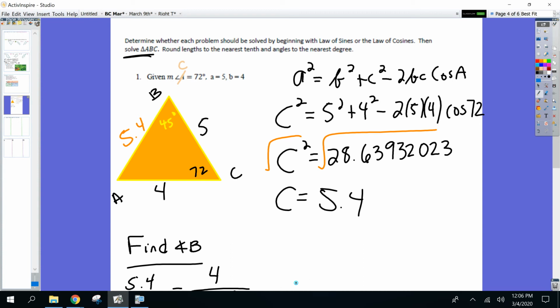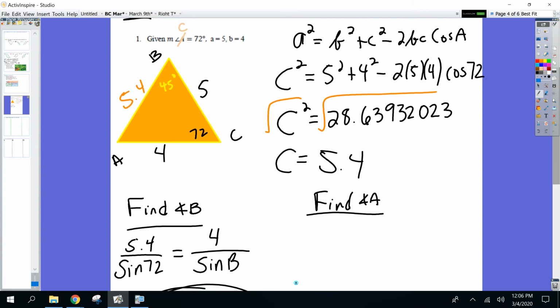And now we've got angle A. You can do this a bunch of ways. Unfortunately, whoever I call on, I don't want you to be creative. I only want it done one way to find angle A, please.